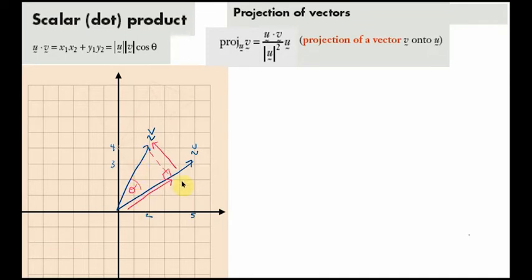Looking at that algebraically, I can express v as its components parallel and perpendicular to u. I can say that the vector v equals v cos theta times a unit vector in the direction of u, plus v sine theta times a unit vector perpendicular to u.